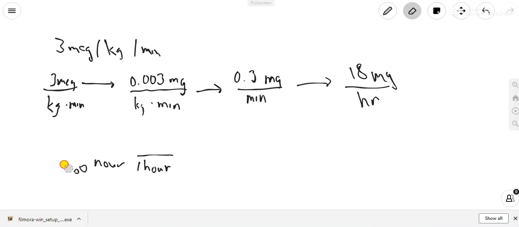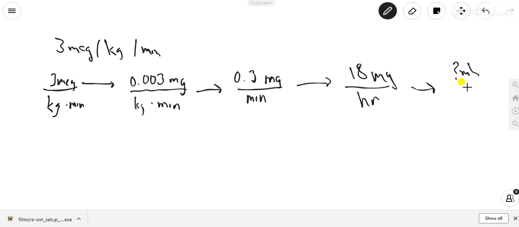And so now we need to figure out how many milliliters that is per hour. So that's what we're trying to do now. We're trying to figure out how many milliliters this is in 1 hour.